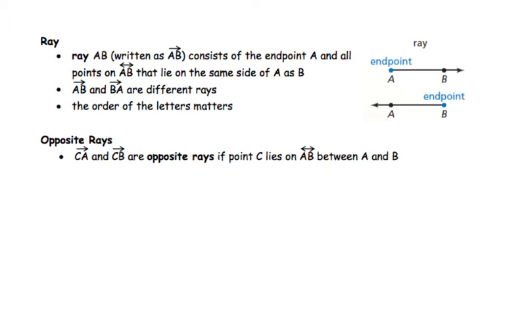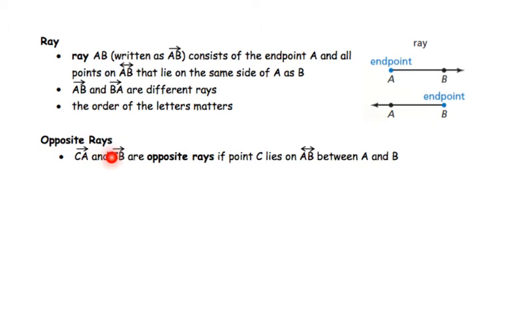Notice there is a difference between ray AB and ray BA. I told you direction matters, so order does matter. Ray AB is going forever to the right, and ray BA is going forever to the left.